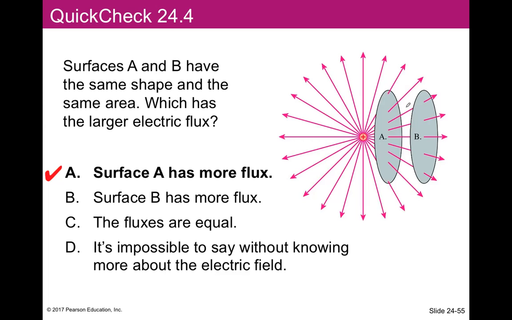For example, the field lines going through A is obviously more than that in B. For example, this field line goes through A, but it doesn't go through B. Also for this field line, and this field line. So intuitively, you can see there are more field lines going through A than B.